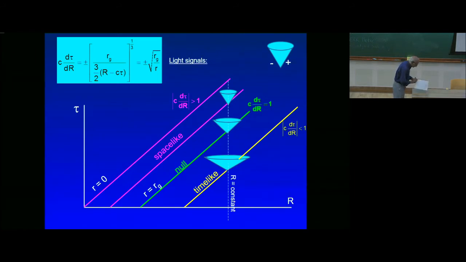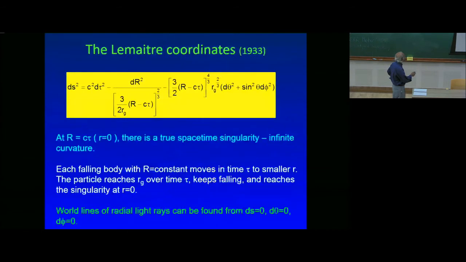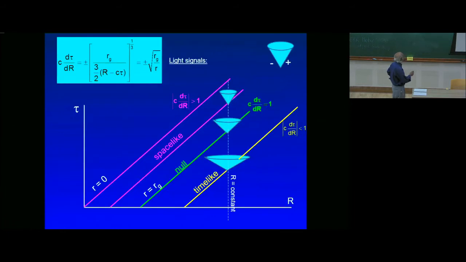And what you find is the following. If I send a light signal, then the equation of motion for light can be obtained very simply by setting ds equal to 0, as I said, d theta and d phi equal to 0. Then if you simplify that, you will find c d tau by d capital R is equal to plus or minus square root of rg over r.